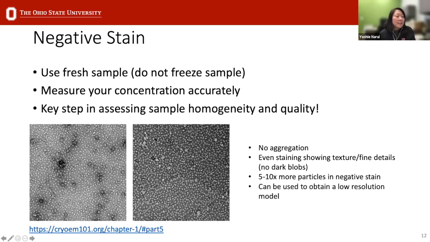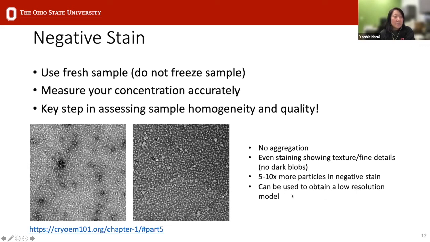You'll notice that in some of these images, you can see almost a finer texture within the structure itself. You will get many more particles, so they're much more densely packed in negative stain than they would be when you make the cryo grids. So that's just something to keep in mind, and why it's important to know the concentration.